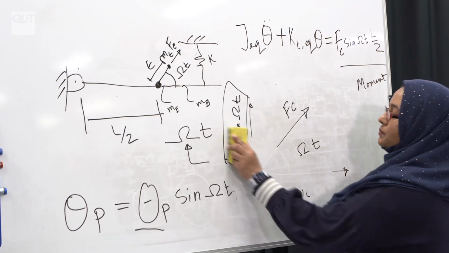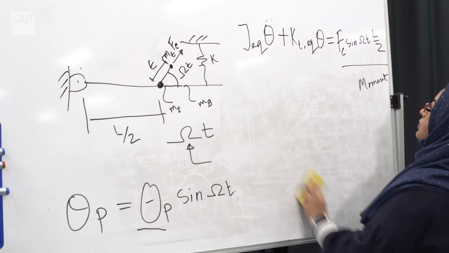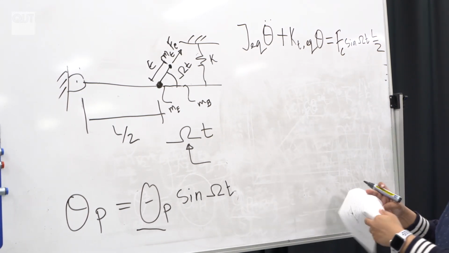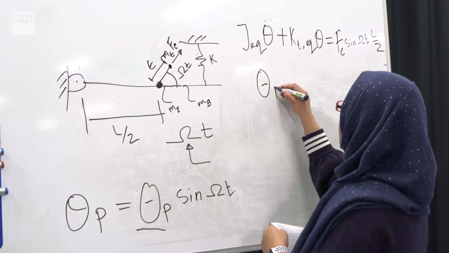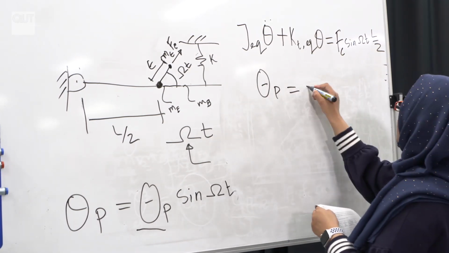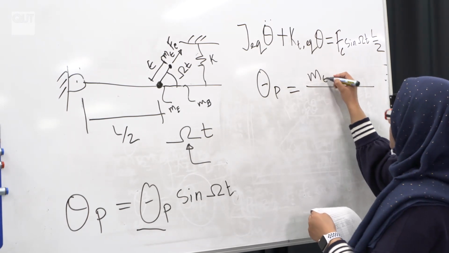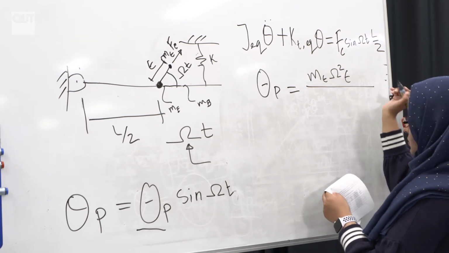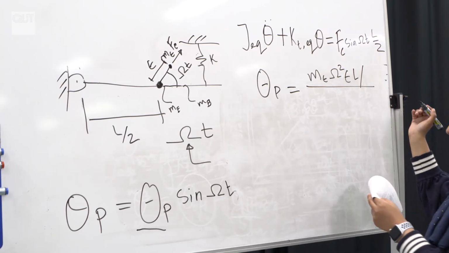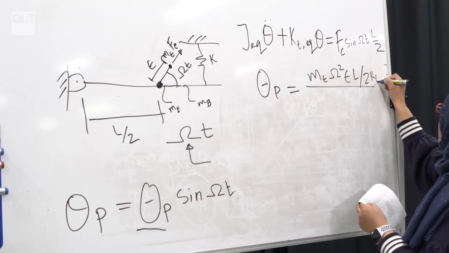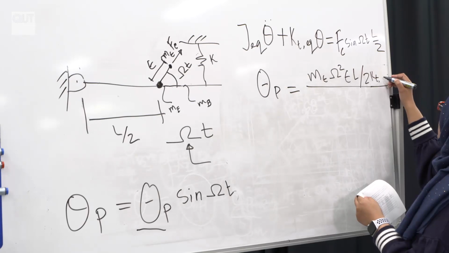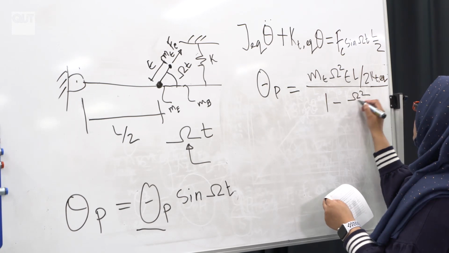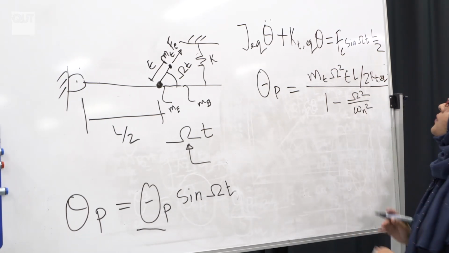So, to consider the amplitude, first we write down its expression. Now, I will erase this part and then write down the equation. The expression of the amplitude of theta p can be written as m epsilon capital omega square epsilon capital L divided by 2 kT equivalent, divided by 1 minus capital omega square divided by omega n square.